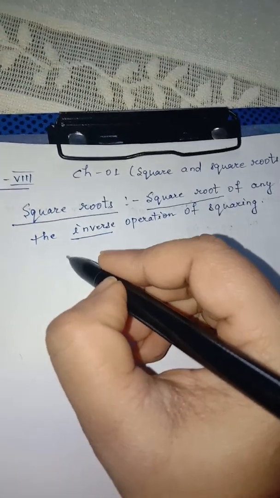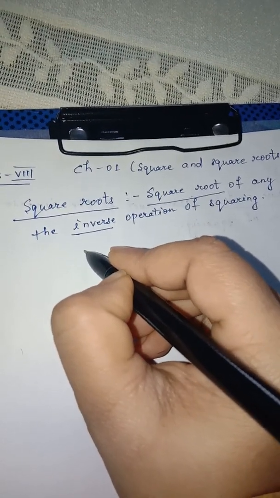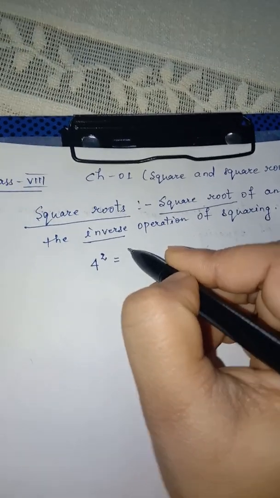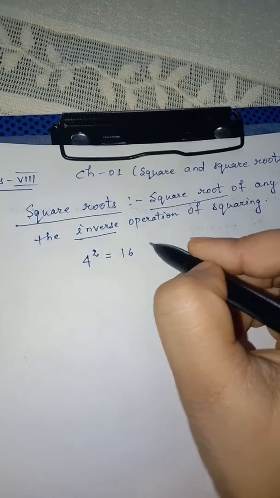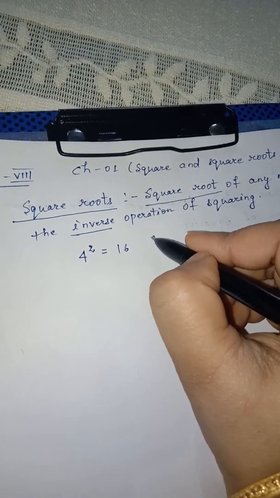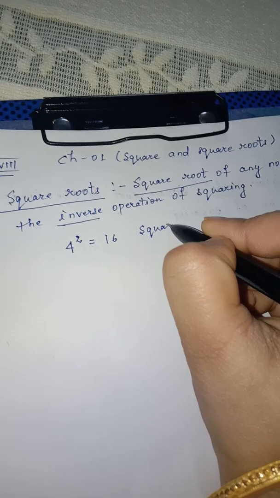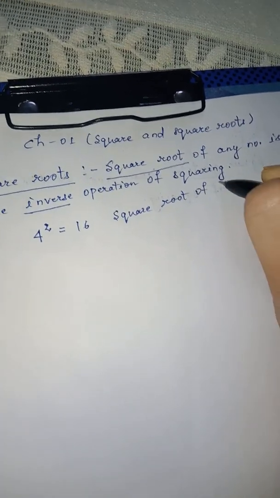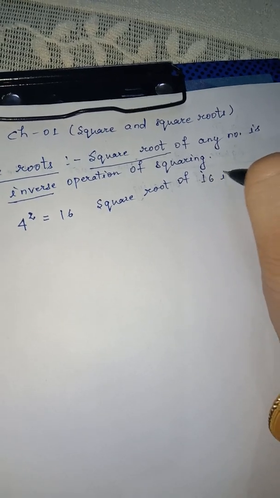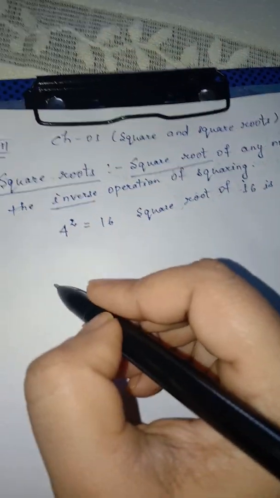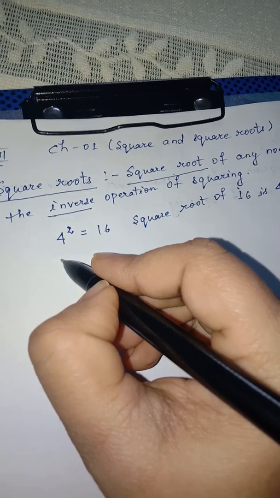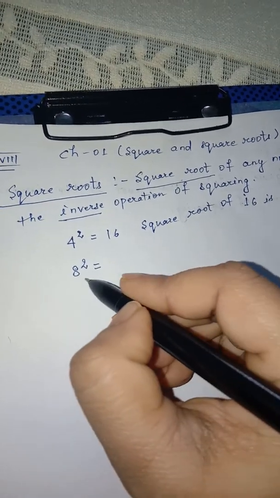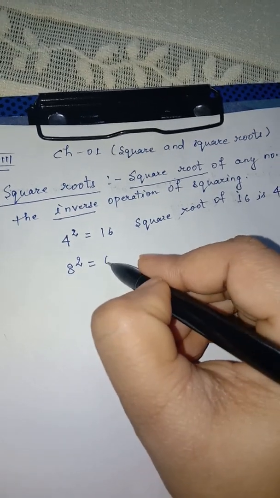If we take the example of 4 square, 4 square gives us 16. So we can say that a square root of 16 is 4. Now another example: 8 square, and obviously we know that 8 square gives us 64.